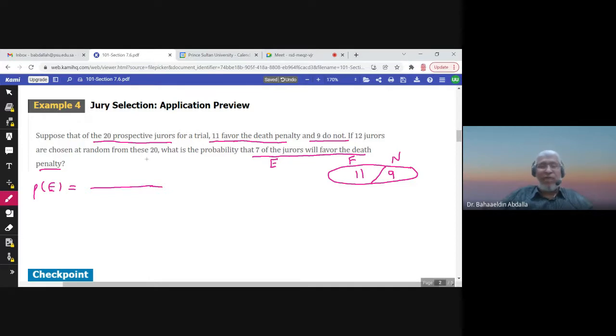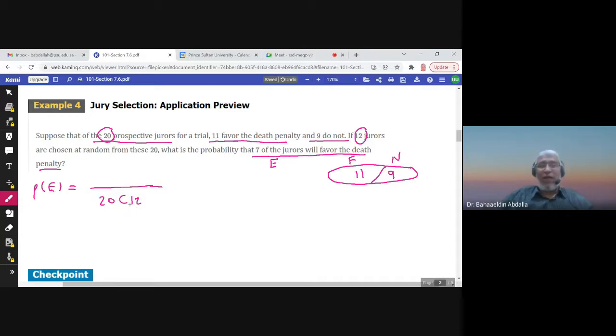The experiment is selecting 12 jurors out of 20. Okay, and there is no order. The 12 jurors, there is no difference between them, no arrangement for these 12. So 20C12 is the number of ways to select 12 out of 20.